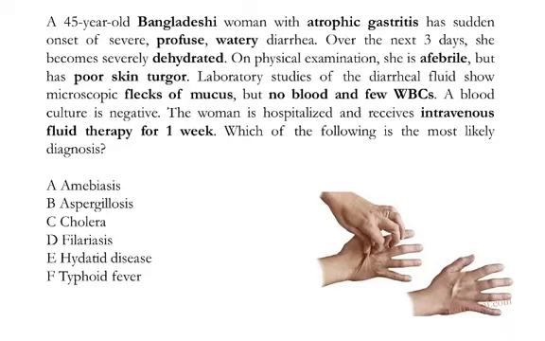So this diarrhea is severe with tons of fluid going through your intestines, watery with a lot of water. So sometimes stool is similar to water, with some small pieces of mucus in it.